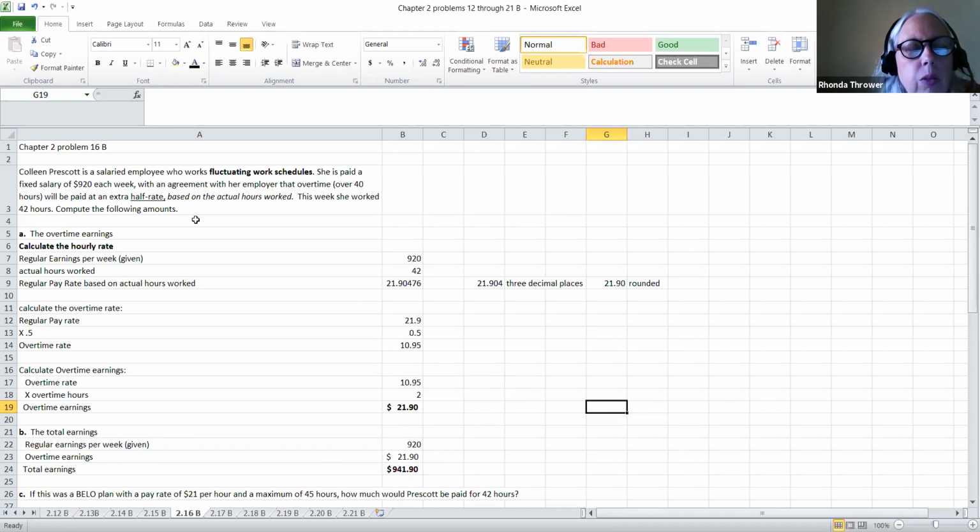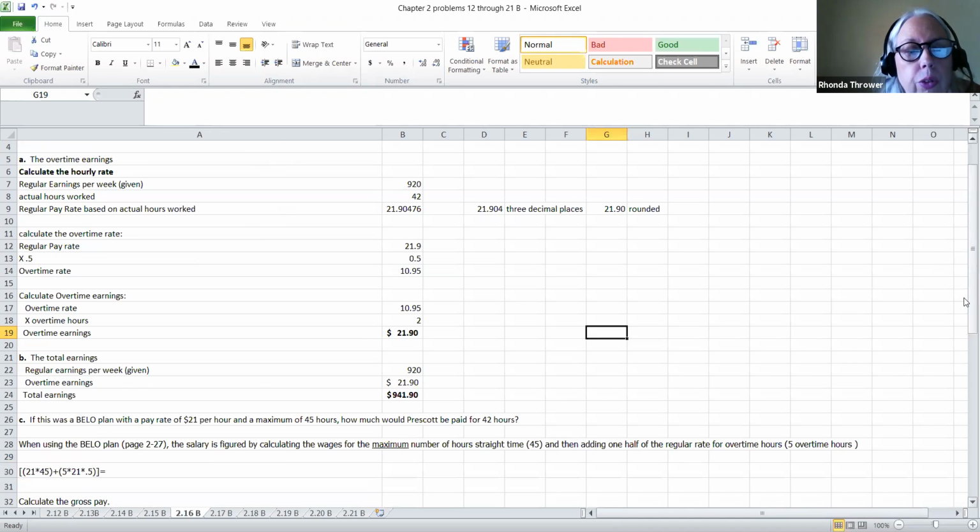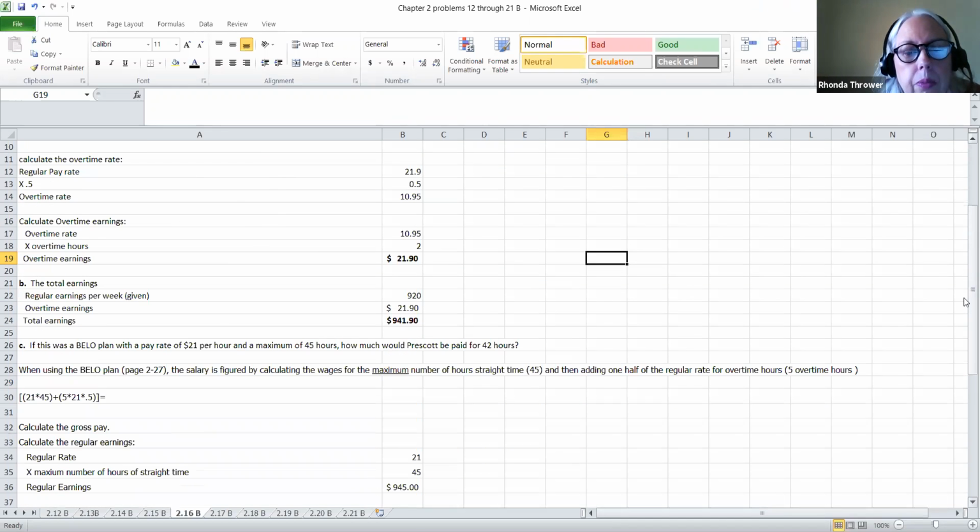So basically what we're seeing here is when we're calculating overtime, you got to really read these problems carefully in Cengage to see what they want. Because an employee, if they have an agreement with the employer, can basically work out anything that they agree to. So make sure you read your instructions carefully.